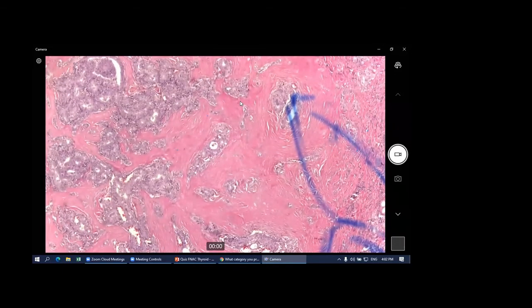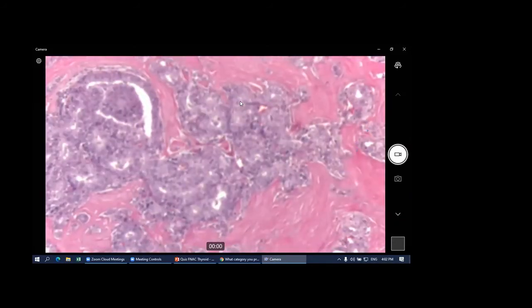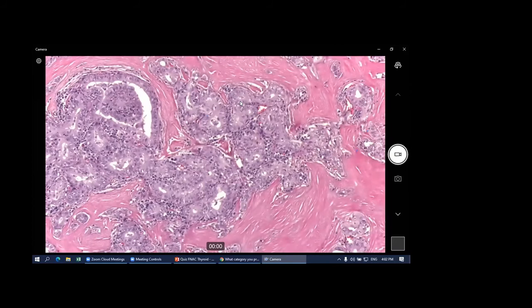The rest is off, and there's a lot of lymphocytic infiltration, but this is the only small area that has the tumor, and somehow the needle went through to this area, and you can see all those features of PTC. So you can put it as SFN.